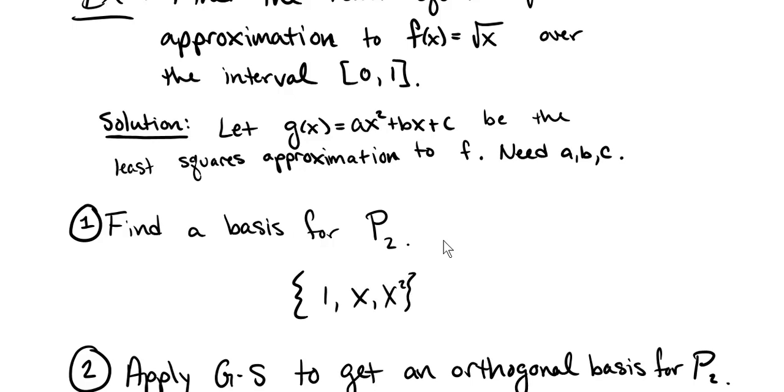Any element G in this P2 space can be written as C times the first vector, B times the second vector, and A times the third vector, all added up. So clearly that's got to be a basis for P2, and you can show they're linearly independent very easily too, on top of spanning. I don't think that should be a leap. I think we've actually talked about that basis before. So I've got that done.